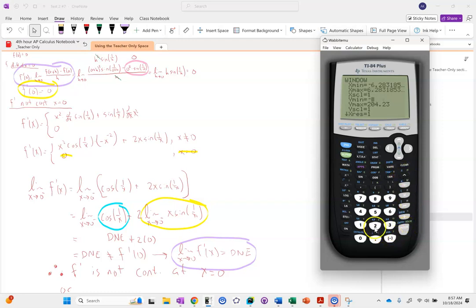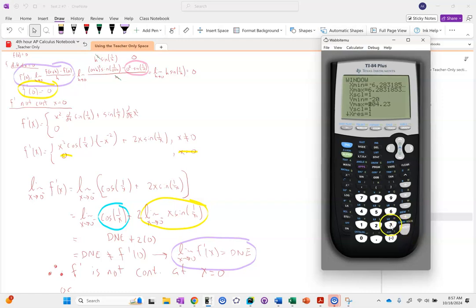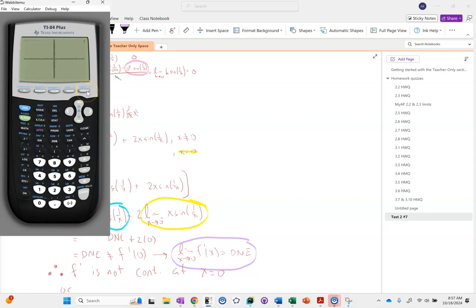And we'll go from like negative 20 to 20 or something. I don't really know for the y's, but that should be okay. I'll make that scale like pi over 2. I don't think it really will matter though. Oops. I'm in degree mode, aren't I? As soon as I didn't see a picture coming in, I knew. Okay.